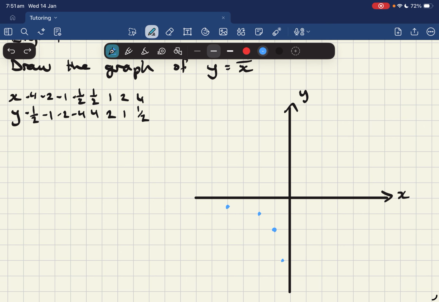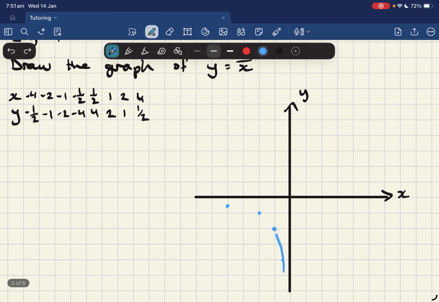It is a bit hard to draw. And we're going to put our arrows just to show that it continues infinitely. And we're going to do the other side now. So when x is 1/2, y is 4. x is 1, y is 2.